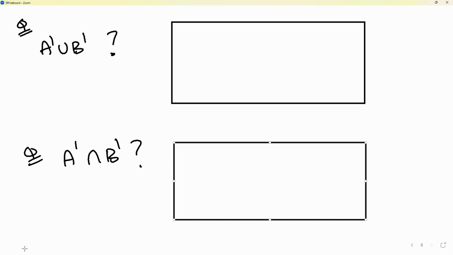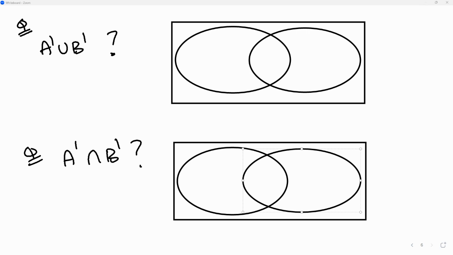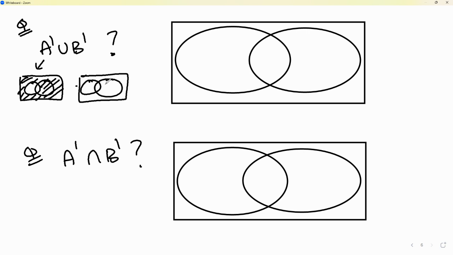So I'm going to get the circles in there. All right. So not A or not B is what we want to find. What I'll do is I'm first going to represent not A quickly, like this. I'm going to sketch it here, and I know not A is going to be that whole region there. Then I'm going to sketch not B, which is actually that whole region over there.